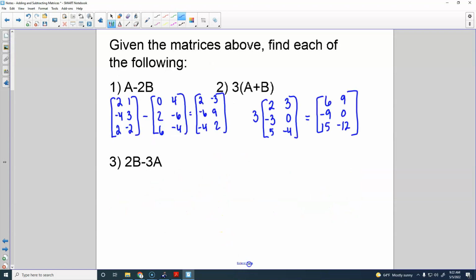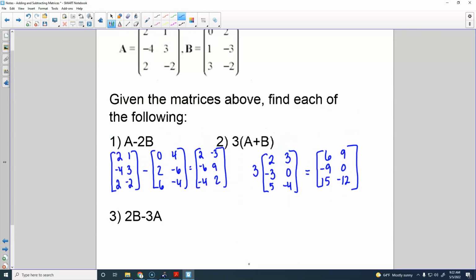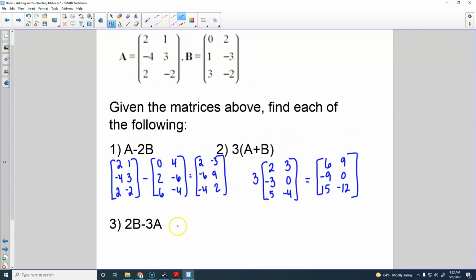And then if we do that last one there, if I do 2 times B, I'm going to get 0, 4, 2, negative 6, 6, negative 4, and then 3 times A, so I'll get 6, 3, negative 12, 9, 6, negative 6.